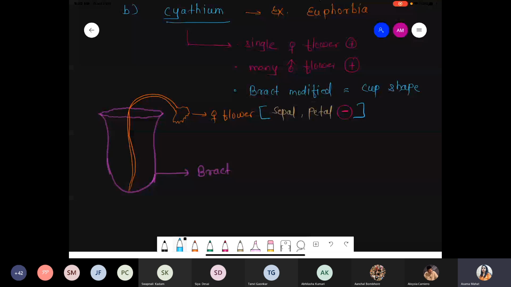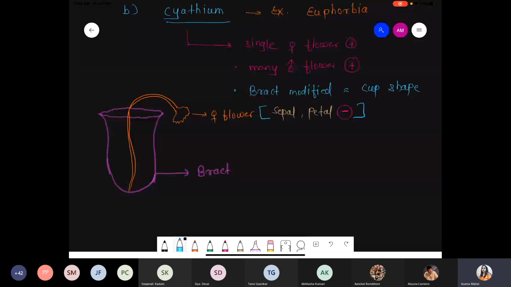Bract basically gets modified. It forms a cup shape and covers the maximum area of the male flowers and female flower. Then the female flower, a single female, has a modification: sepal and petal absent. Okay? And only the reproductive part is present, that is the gynoecium.